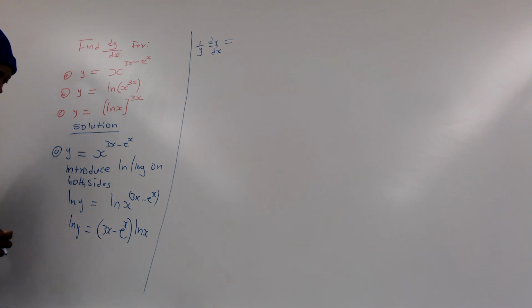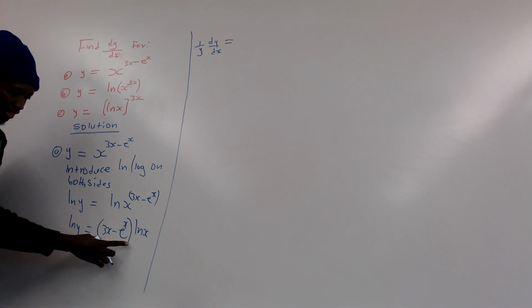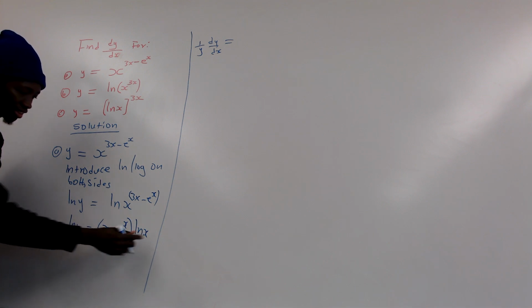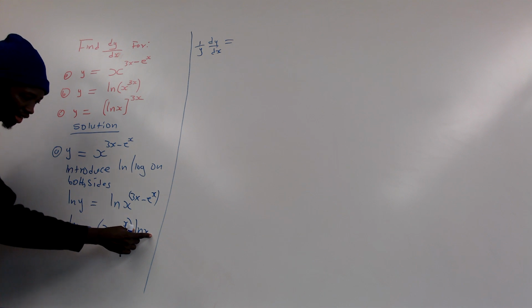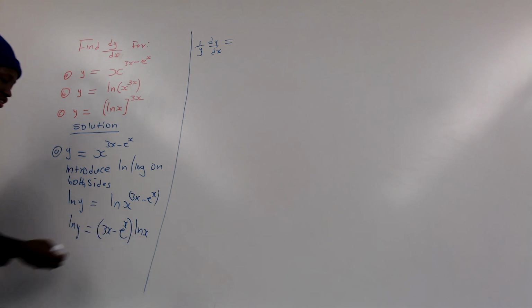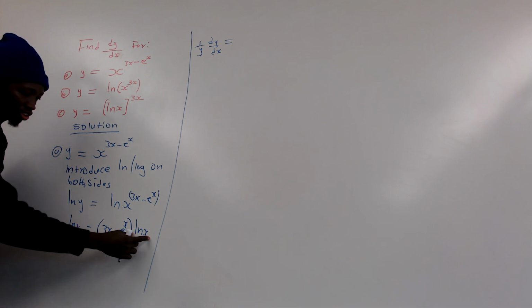So we use the product rule. We can differentiate one after the other, keeping the bracket constant and differentiating ln x, or keeping ln x constant and differentiating the bracket, either of the two ways. Let's say we keep the bracket constant and differentiate ln x.